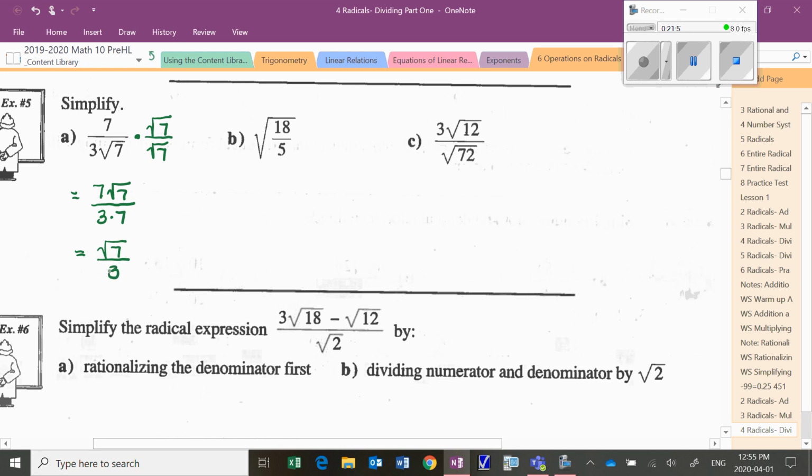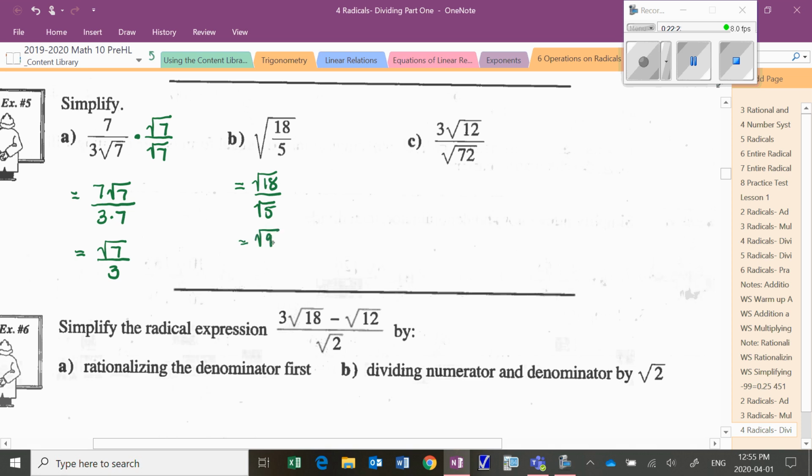Okay, for B, again, we can separate those out, remembering that we could look at that as root 18 over root 5. So to start, we could multiply top and bottom by root 5, but again, the numbers are getting larger, so if it helps you, then I would suggest actually simplifying that root 18 first.